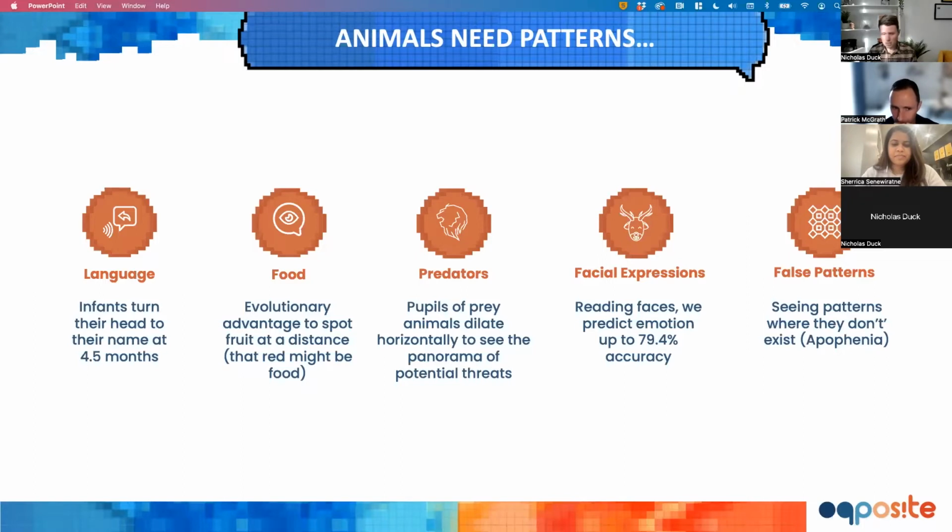It varies in accuracy depending on the emotion, but generally it's pretty high. Even very subtle emotions, we can look at faces and detect, yeah, this is somebody who looks like they might be aggressive, or this is somebody who likes me, all of those things. And we're also fantastic at identifying patterns where they don't exist, hence all the conspiracy theories, all the things we potentially worry about that never actually come true.